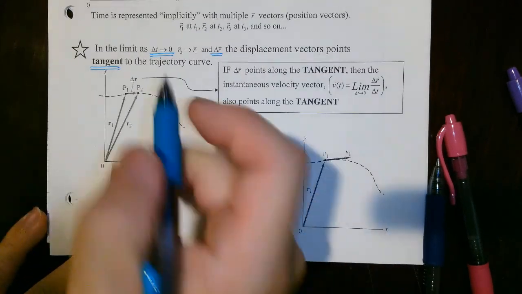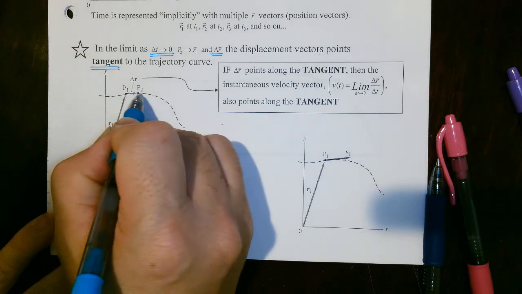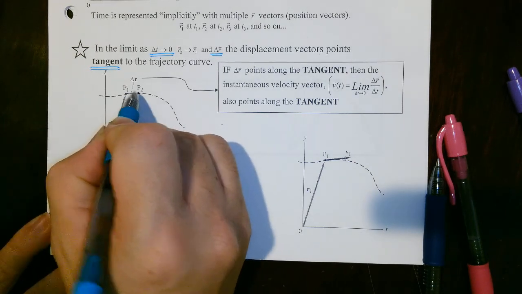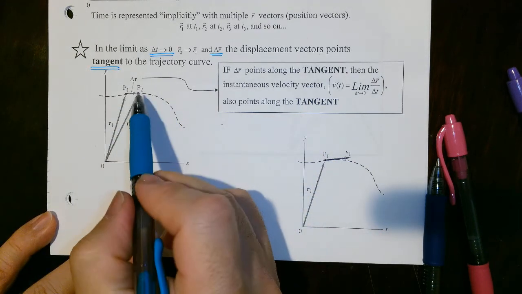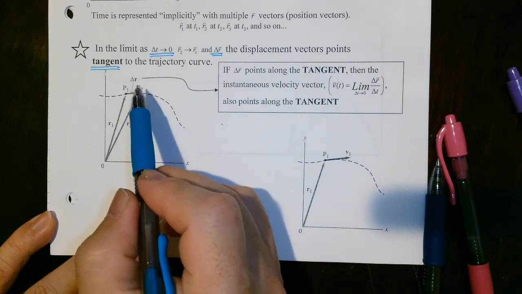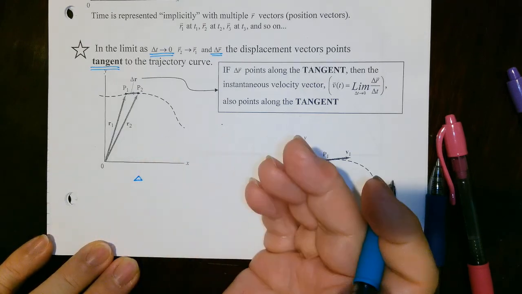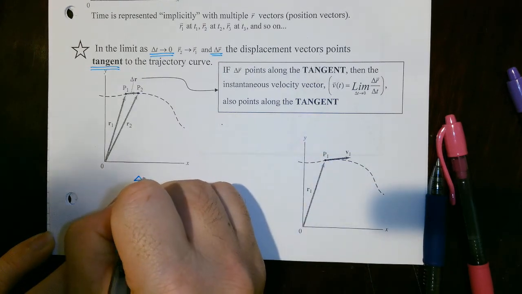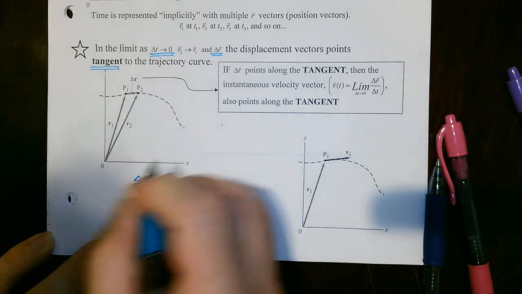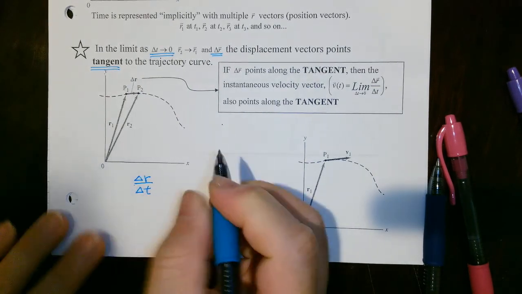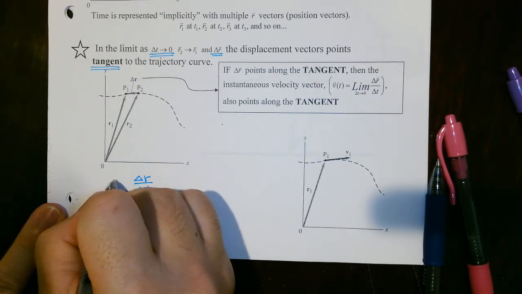If we look at two points separated by a greater amount of delta t, where delta t is not approaching 0, then delta r over delta t is our average velocity.